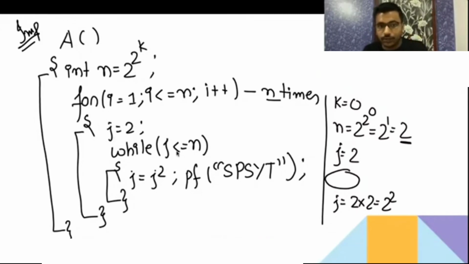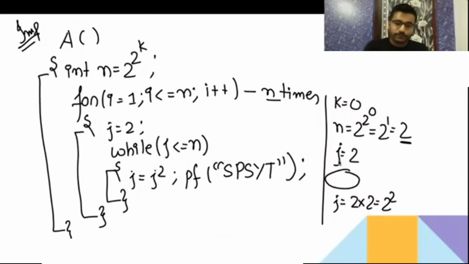When j equal to 2, then 2 is smaller than or equal to n, fine, then j equal to j square is 2 square, fine. So it will go out of the while loop, done, only once. Then i will become 2, then it will go inside again and get executed. So when k is equal to 0, this while loop is executed 2 times.